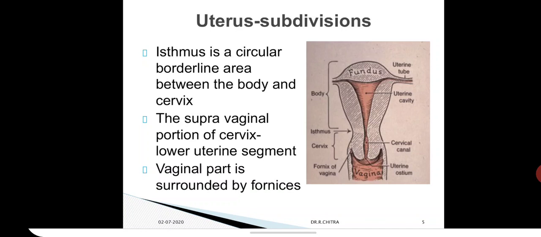LSCS means lower segment. What is lower segment? It is this supravaginal portion of the cervix. In that region only we are doing the LSCS. Vaginal part is surrounded by the fornices. So surrounding the cervix, that vaginal part is called fornices.